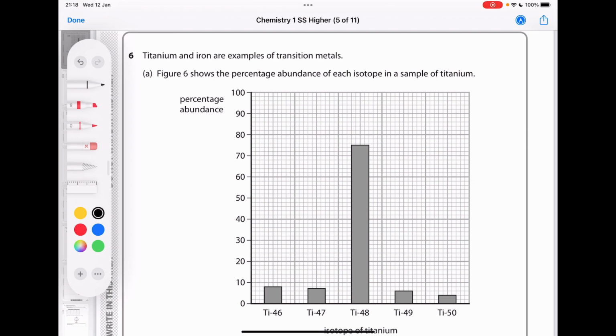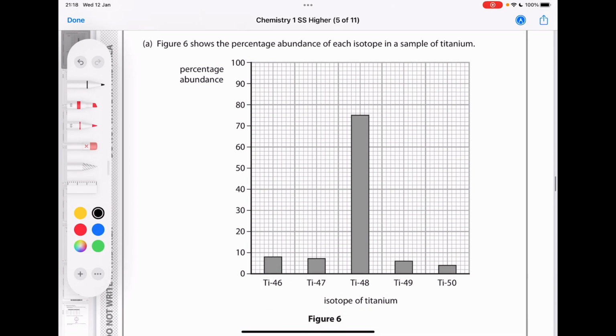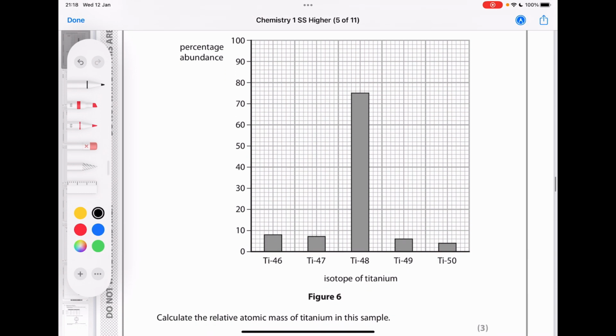Question 6 looks like it's about transition metals, which is topic 5, but the first question is actually about isotopes, which is the very first topic back from year 9. So to calculate the relative atomic mass, we need to find the average of the masses of all of these isotopes. So what I should do, reading the graph, I should work out the value of each isotope.